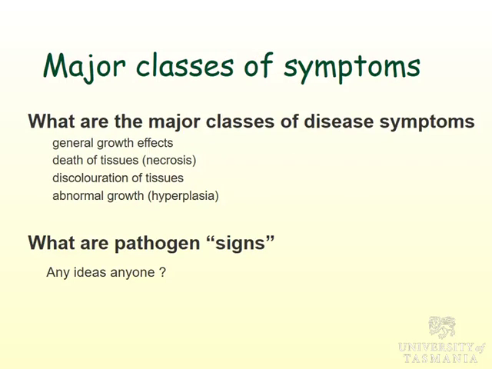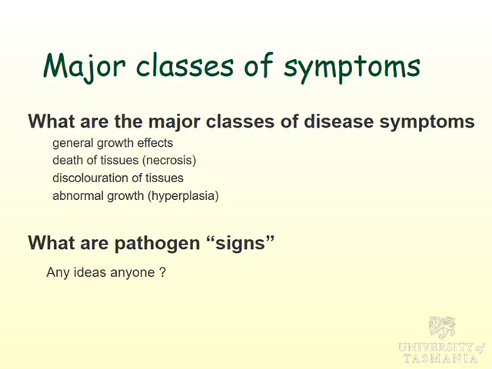But now we're going to have a bunch of pictures. We're going to look at some of the major classes of disease symptoms that you're going to see in plants. And you can break them down into these 4 very general areas. You can have generalised growth effects, stunting, sad looking plants.